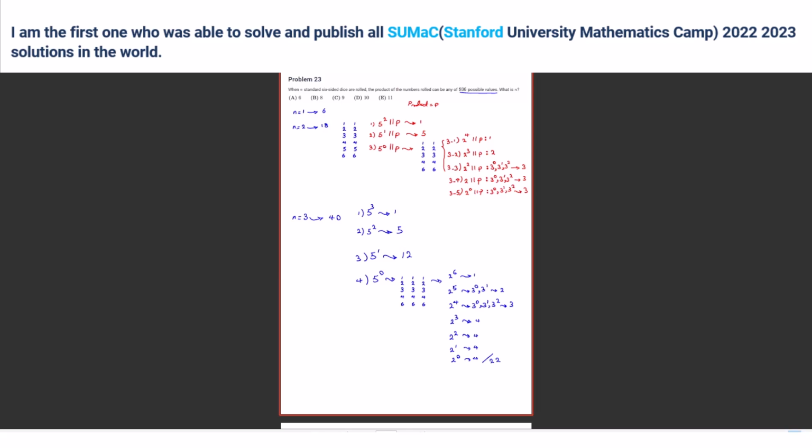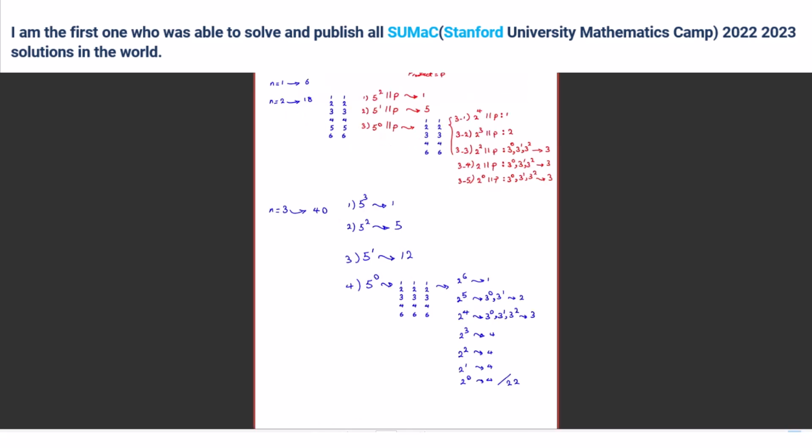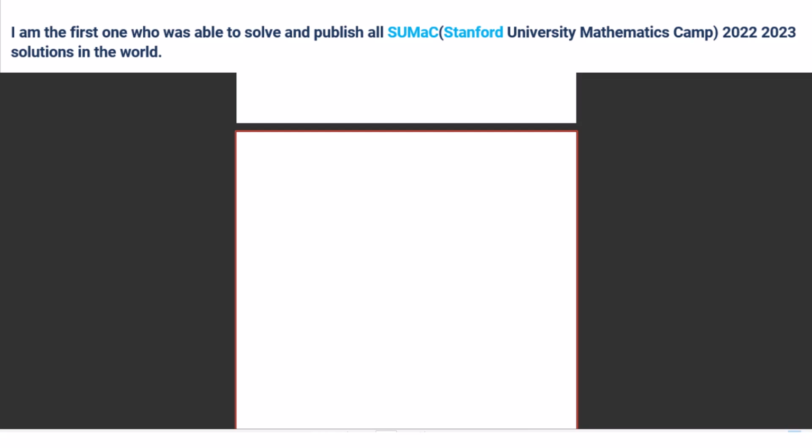I think I have a recursive formula, but I can't calculate. Oh, you don't know how to find the closed form, right? Yeah. Can you tell me what your recursive formula is?